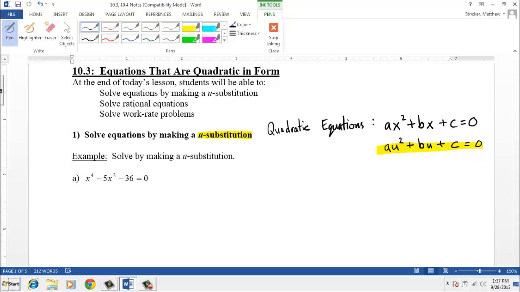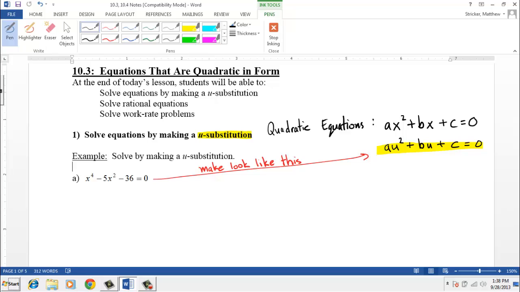So the goal is to make the equation that we're given look like this equation that's highlighted.